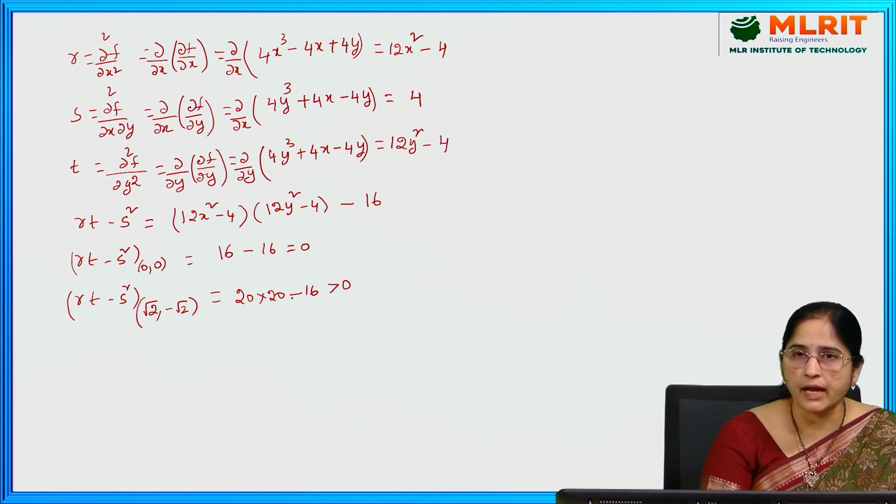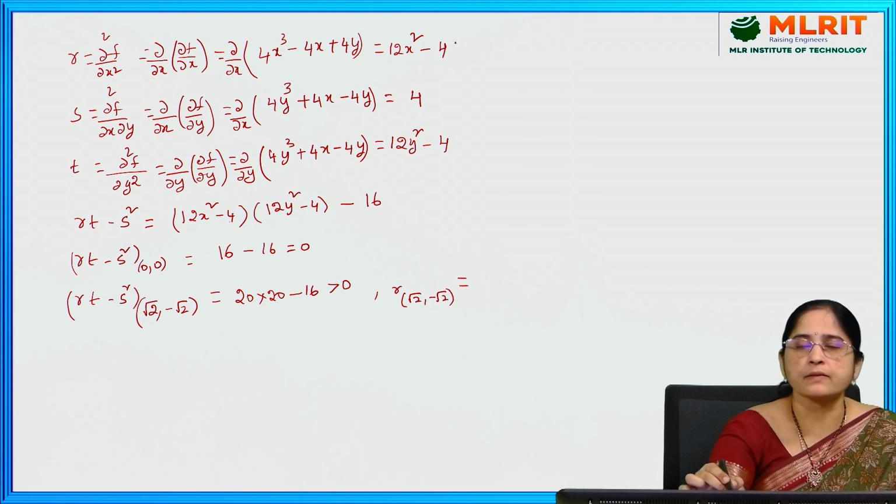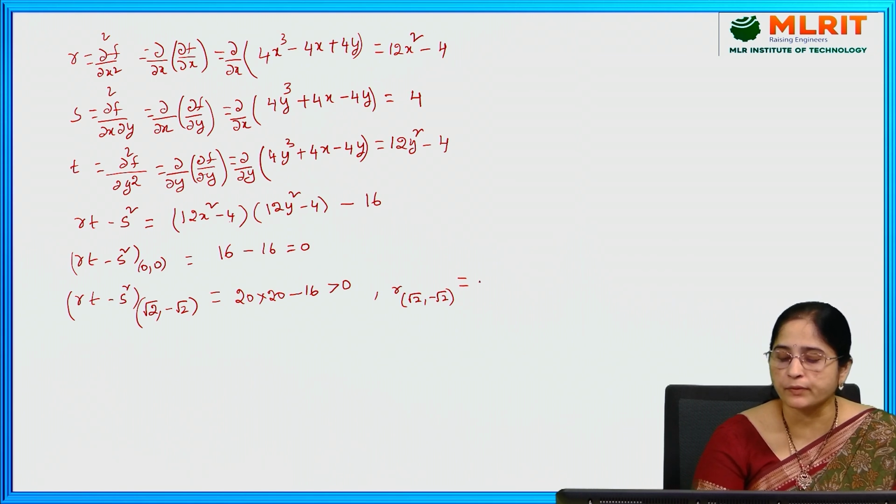The function has either a maximum or minimum, depending on the r value. Immediately we have to find out the r value at the point root 2 comma minus root 2. So what is the r value? 12x square minus 4. If you substitute x equal to root 2, that is 12 into 2, 24 minus 4, that is 20. 20 is greater than 0.